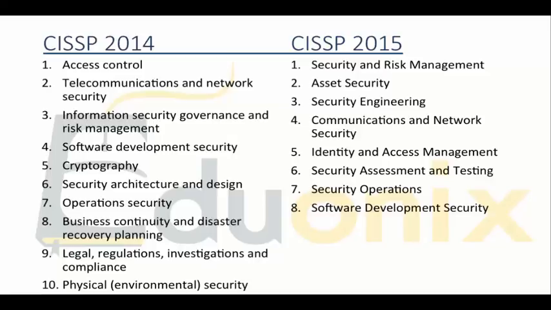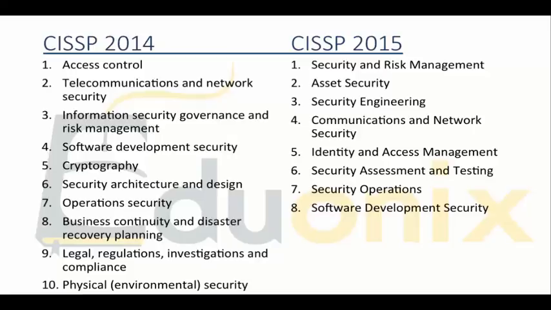Now, on the 2015 side of things, as you can see, it's 2 CBKs short. The changes on the CISSP exam did start on the 15th of April 2015. The new exam is a major change from the previous CISSP exam, which was version 2012.